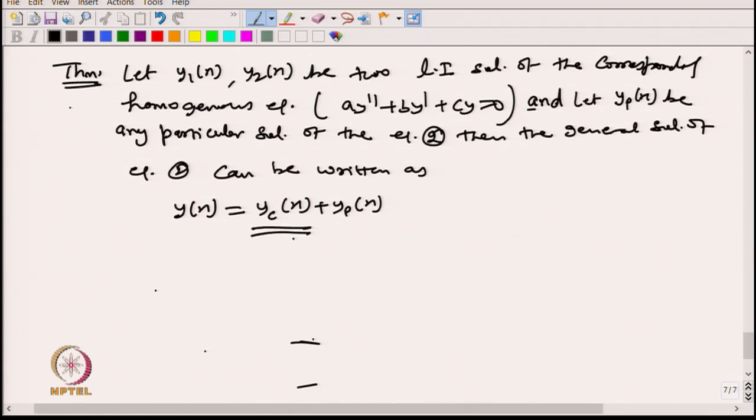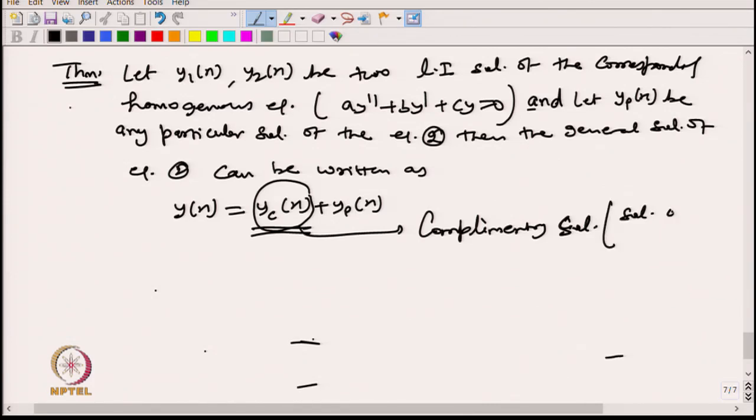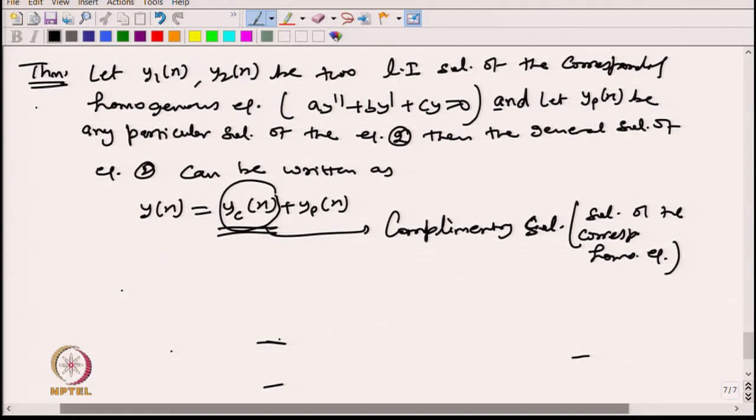This is called the complementary solution, or the solution of the corresponding homogeneous equation. We put the right hand side equal to 0, and whatever equation we get, we solve that one. So, this is the complementary solution, the solution corresponding to the homogeneous equation.